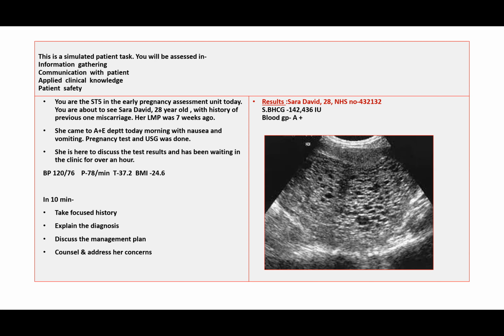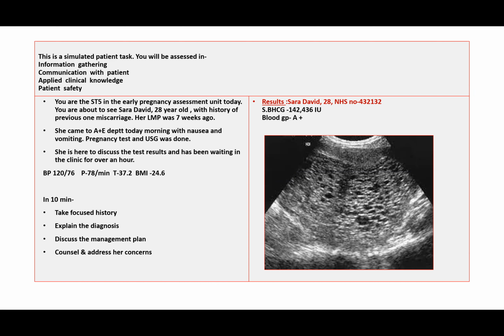If it becomes normal within 2 months after your evacuation, then there would be follow-up 4 weekly with the pregnancy test till 6 months after evacuation. If it becomes normal after 2 months of evacuation, your follow-up would be for 6 months after normalization of your pregnancy test. Are you getting me, Sarah? All right. Yes.